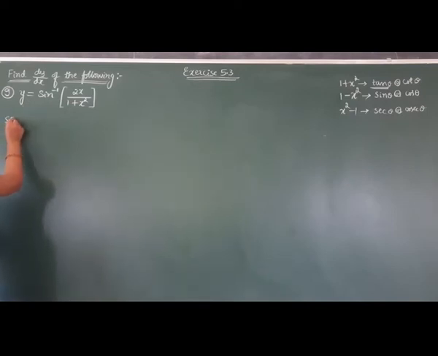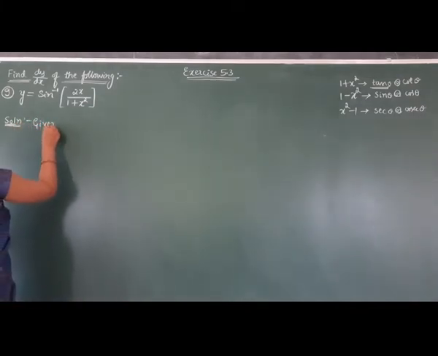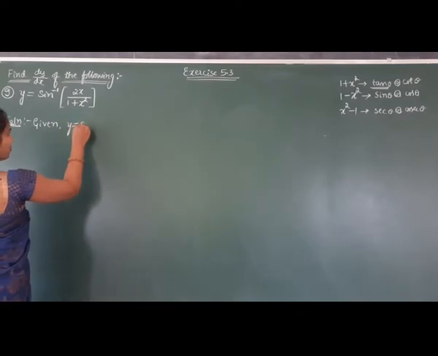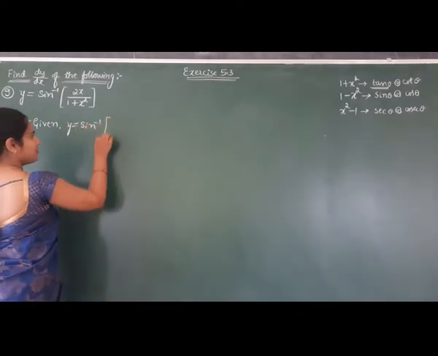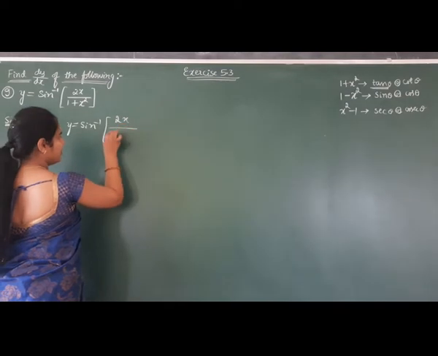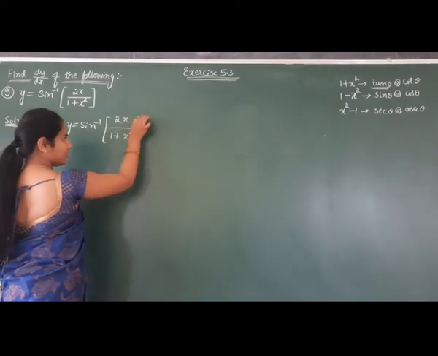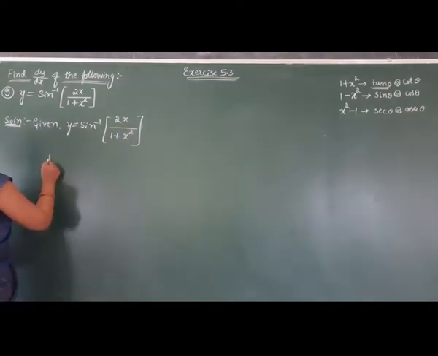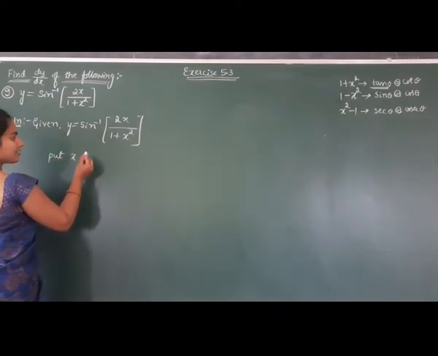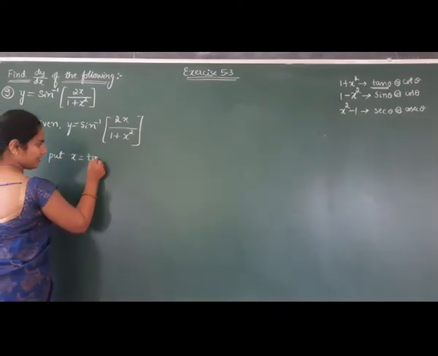So first consider the given equation, that is y is equal to sin inverse of 2x divided by 1 plus x square. Okay? Substitute x by tan theta.